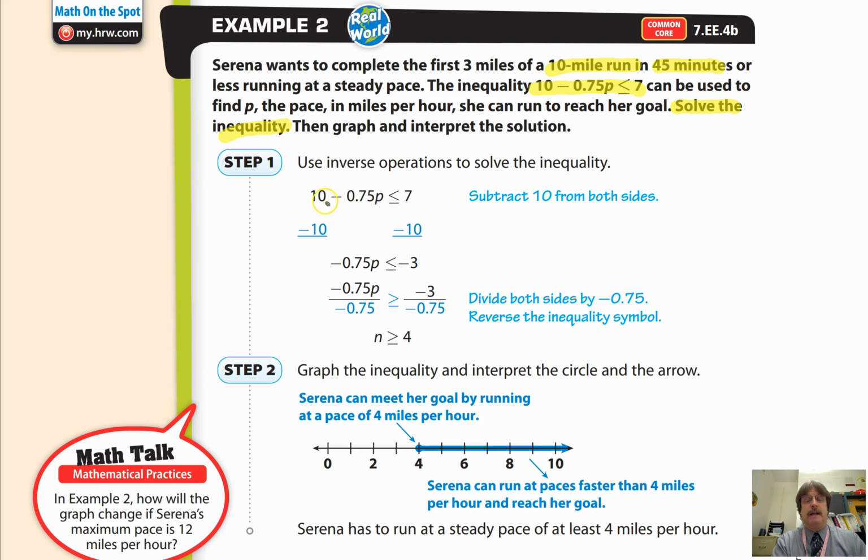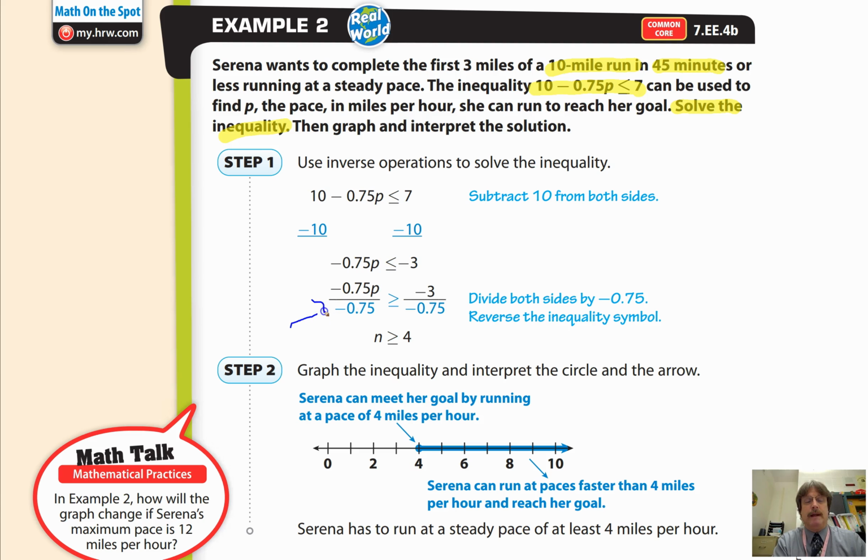So they set up the inequality down here, and they go through the steps. We subtract 10 from both sides, so we're left with just the 0.75p. We have 7 minus 10 is negative 3, and then we do the division. Now here's the key.